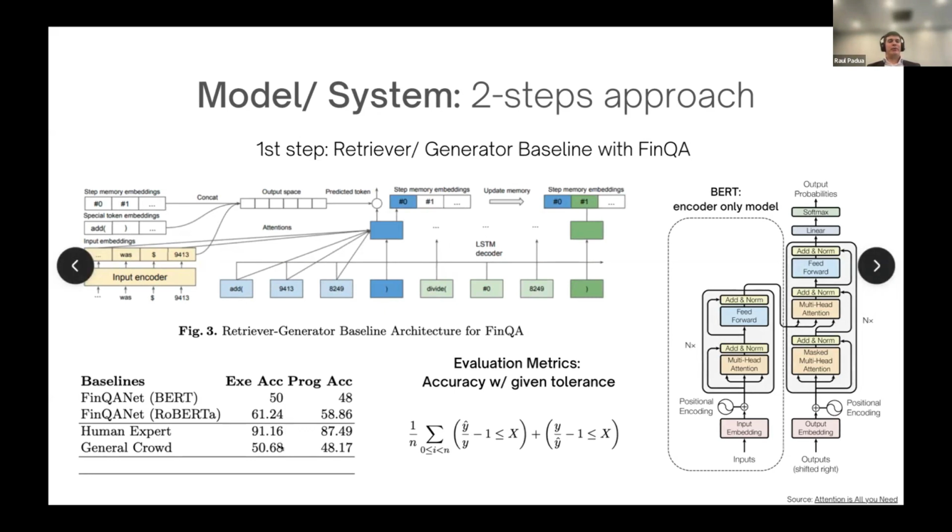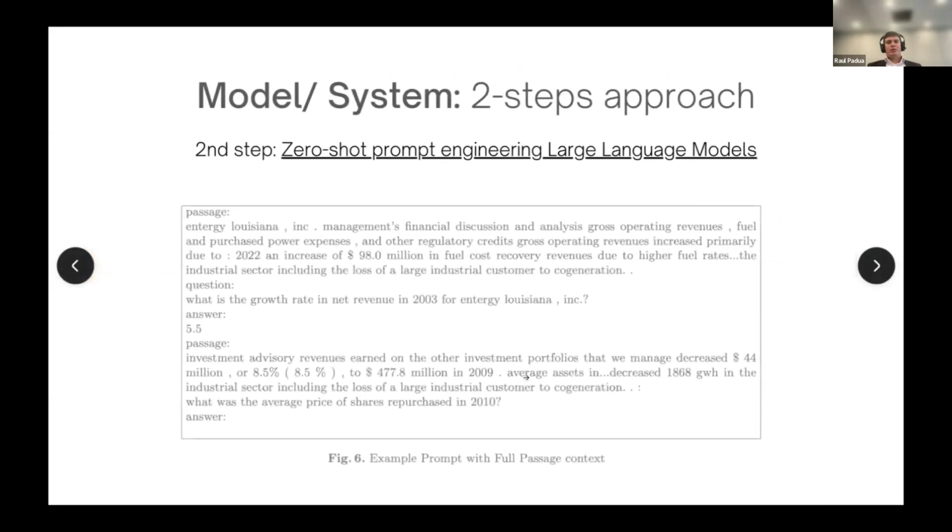Compared to the general crowd, though, the system could perform better than the general population. We used accuracy with a given tolerance as the metric, which we believe was important to give some flexibility when the model predicted, for instance, the wrong sign but almost the same answer. We're going to show the results later. So that was the first step.